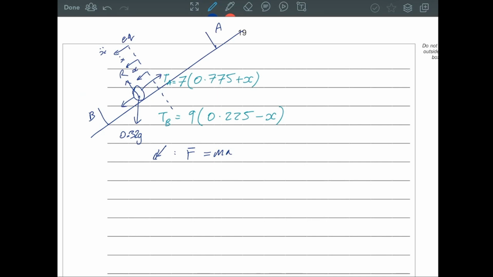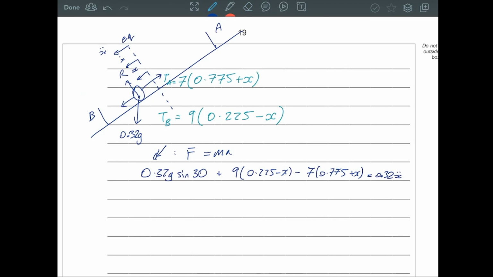So going down the slope, we have 0.32G sine 30 plus 9 lots of 0.225 minus x, but we're subtracting the tension going up the slope, 7 lots of 0.775 plus x, equals 0.32, not g, 0.32x double dot.